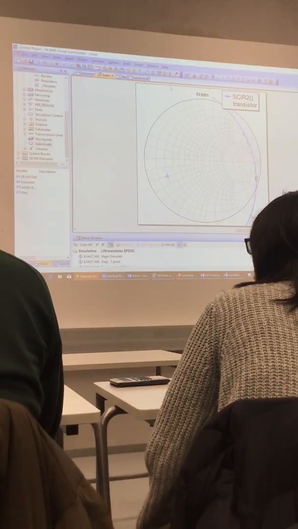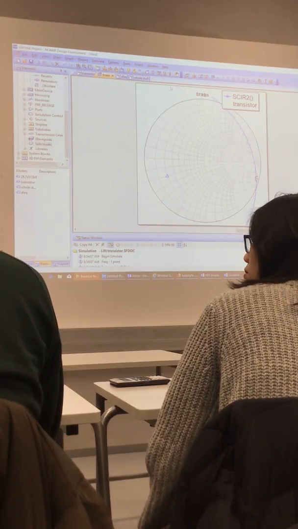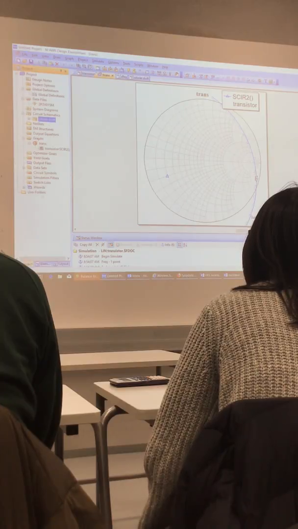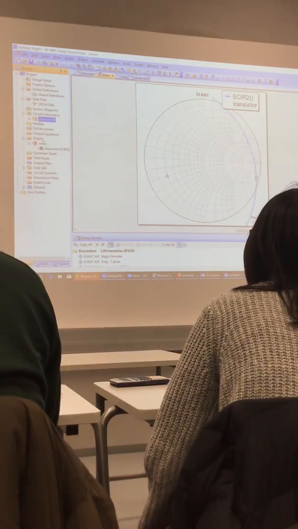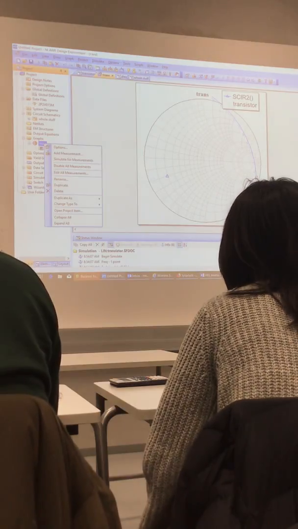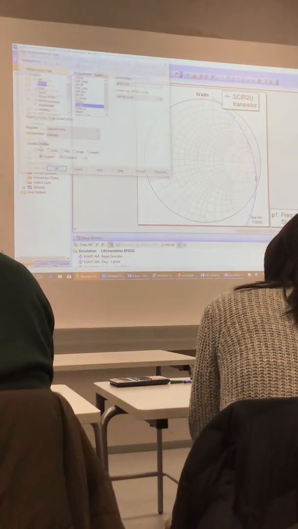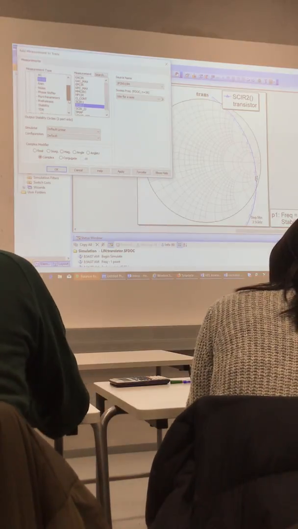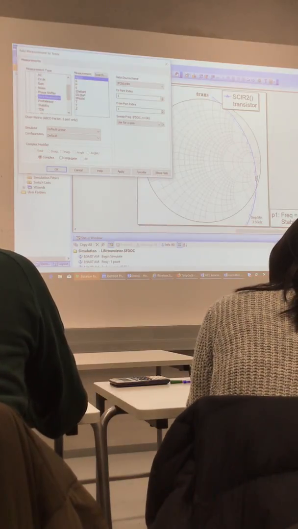That's why I want to have this separately. Then I want to see here as well on the same graph my Z-freg. I'll add a measurement to this Smith chart, which is port parameters S11 of the Z-freg.